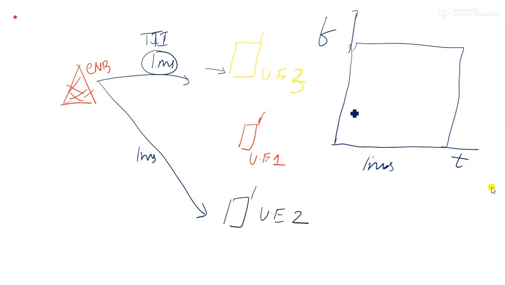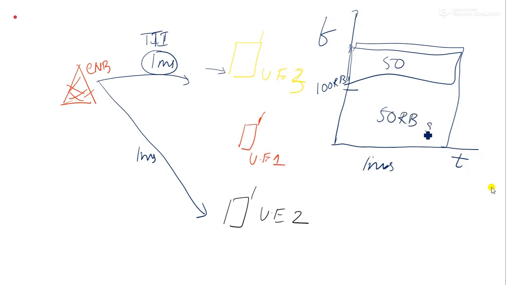But in frequency domain, let's say we have 100 resource blocks. For simplicity, let's say here we have 50 resource blocks, and here we have 50 resource blocks. Total 100. I'm taking an example of 20 megahertz, so you can apply this for any other bandwidth.